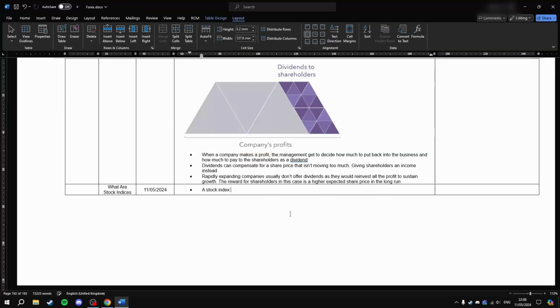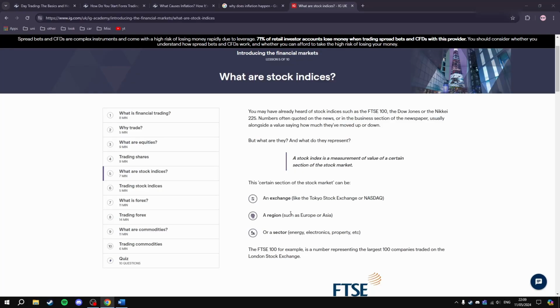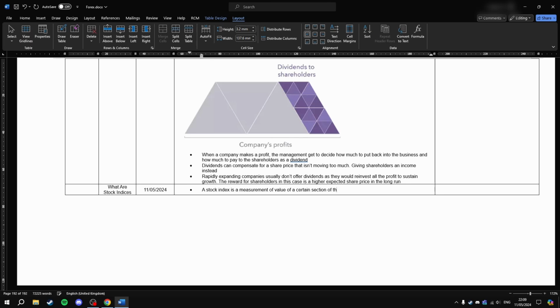So a stock index is a measurement of value of a certain section of the stock market.